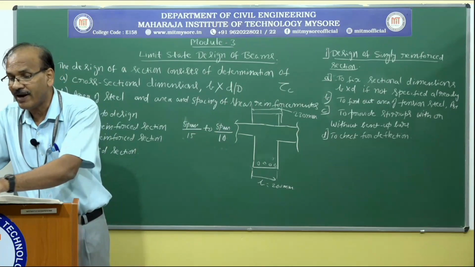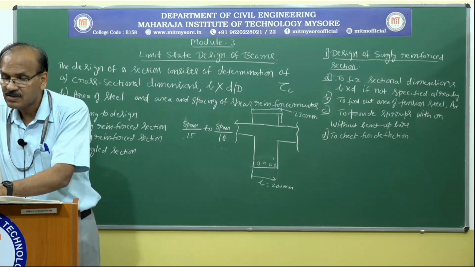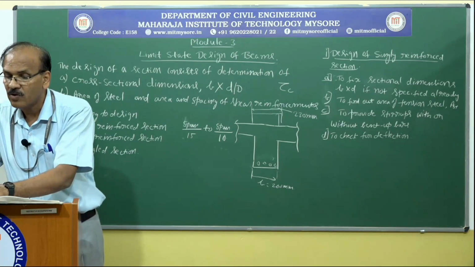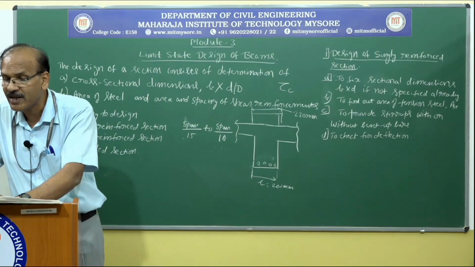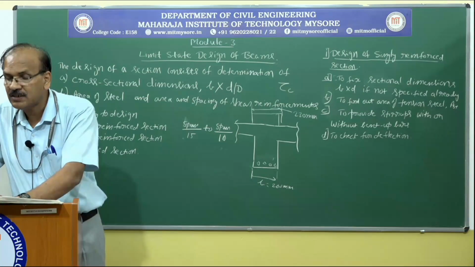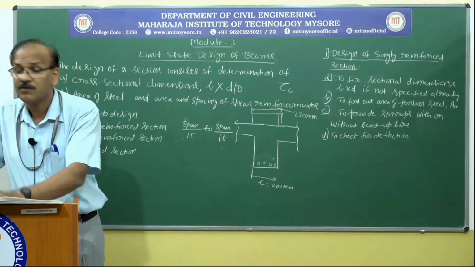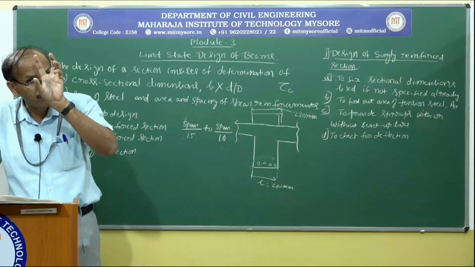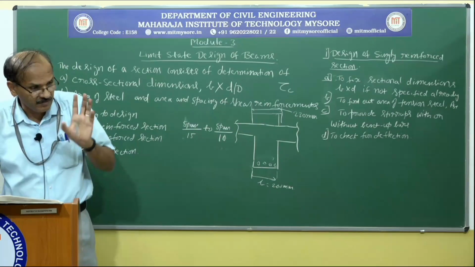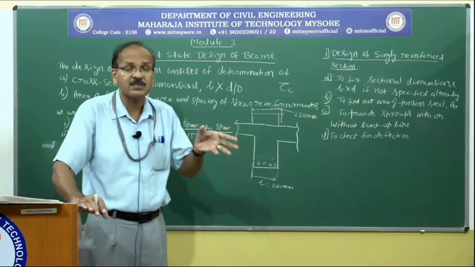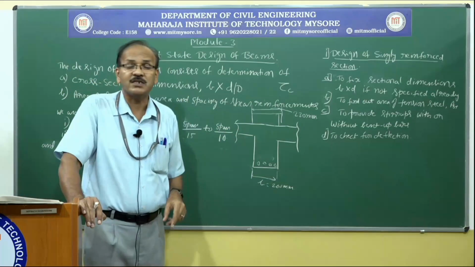For a cantilever, the L by D ratio should not exceed 7, for spans up to 10 meter; for simply supported 20, and for continuous the L by D ratio should not exceed 26. Of course, for these values we give some modification factors based on percentage of tension steel and based on compression steel if present, and also for a flange section.